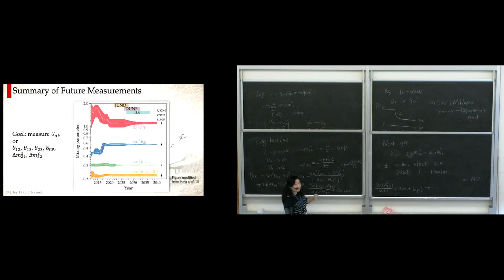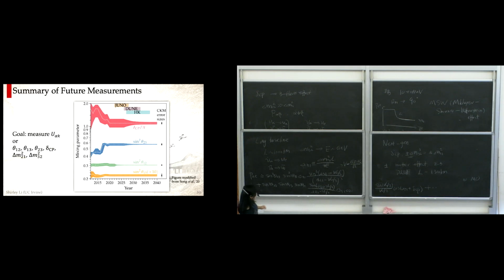And you see the matter effect coming with this matter potential that we saw, and it comes with a VL. We know that this term is small because the matter potential is weak, which means you want the baseline to be long so that this actually does something, which is why that sets the scale of about 1,000 kilometers, depending on the size of this and the size of V.